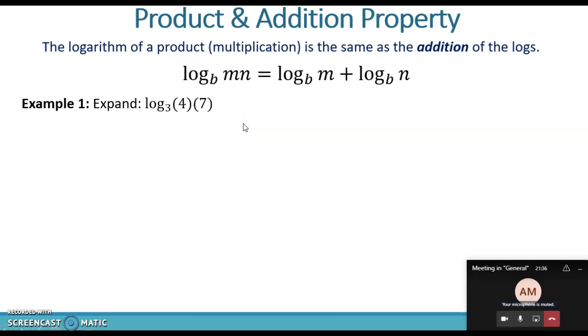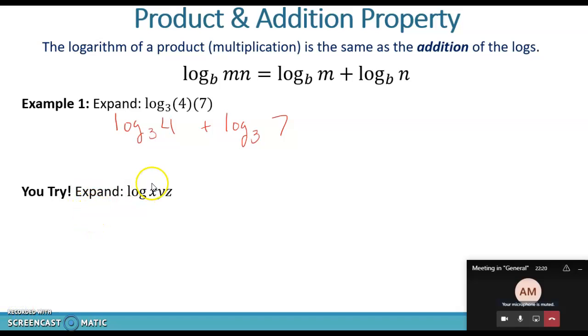All right, so if I expand this right here, log base 3 of 4 times 7, it's going to be log base 3 of 4 plus log base 3 of 7. Okay? You try to expand this one real quick.